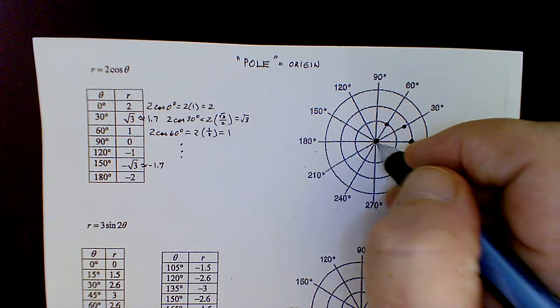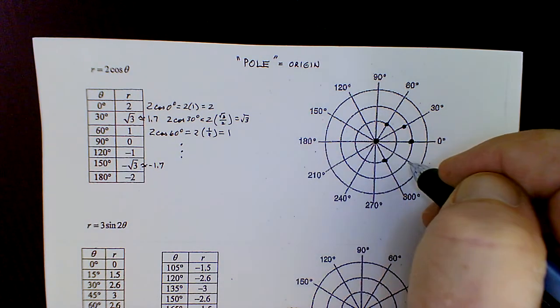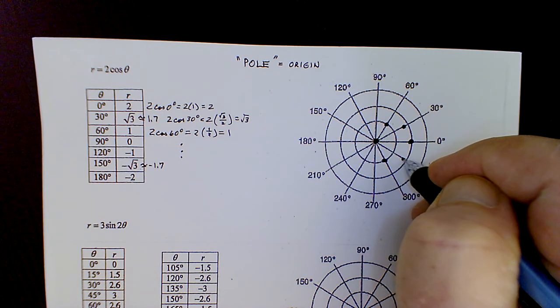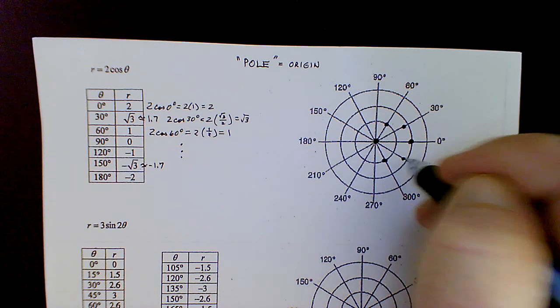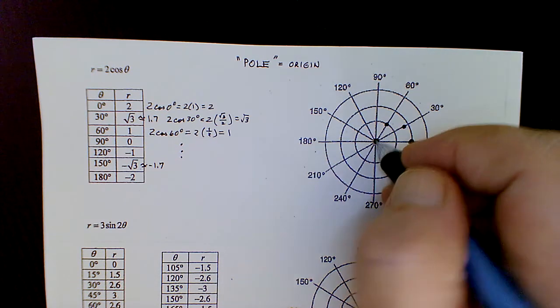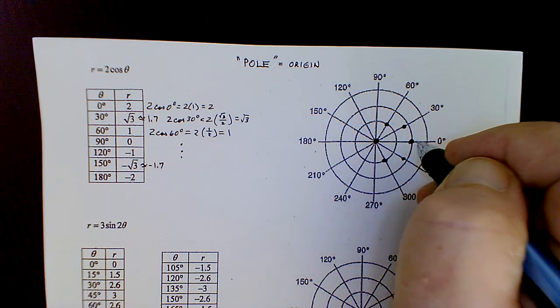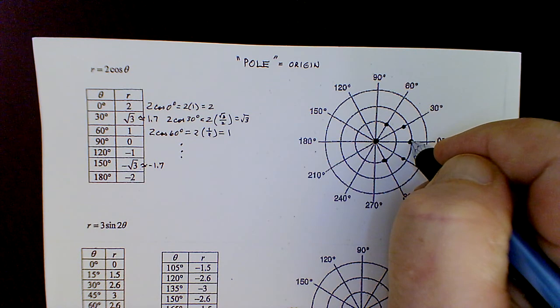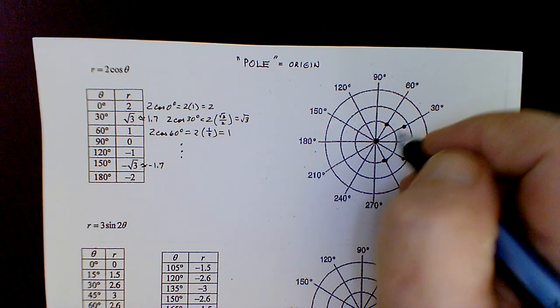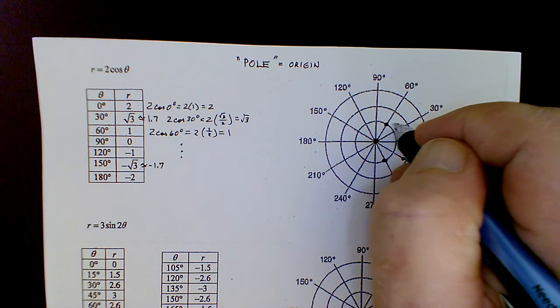So along the 150, but opposite would be along 330, about 1.7, so right around there. And then 180 brings us -2 units, so opposite along the 0 degree, 2 units brings us back to our initial point.